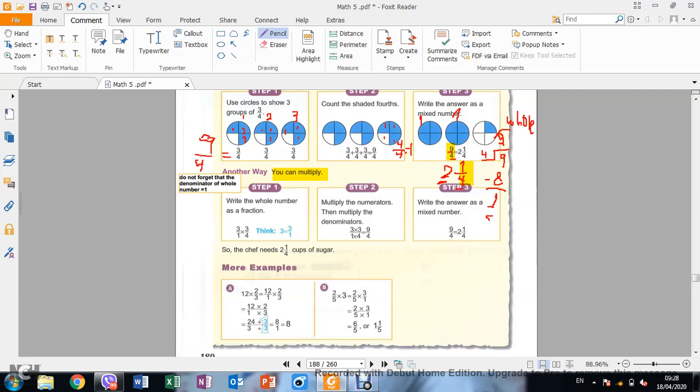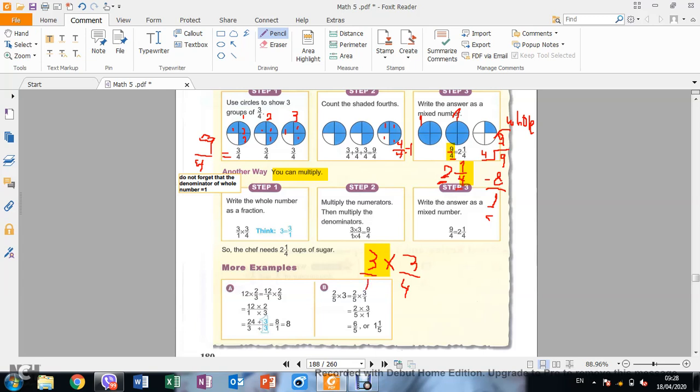Okay, now look, when I say 3 times 3/4, this is a whole number 3. Every time, the denominator of this whole number is 1. Directly put down the denominator 1.